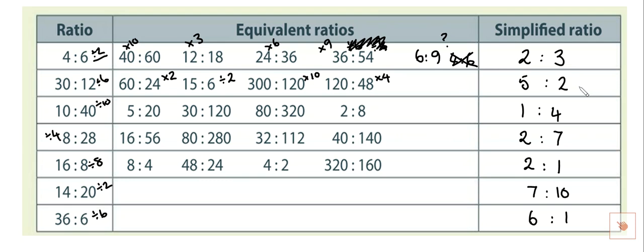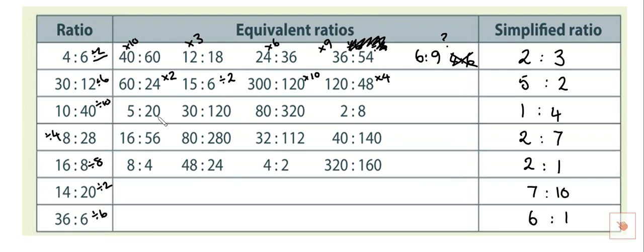Anyone want to add in? I have a question. If you only had one ratio and a simplified ratio, how would you make an equivalent ratio? Does it really matter? Ah, what a good question. Does it matter?